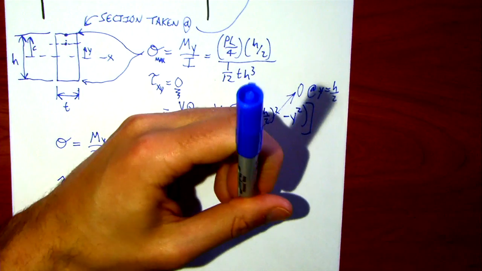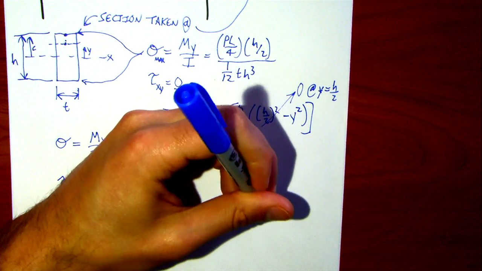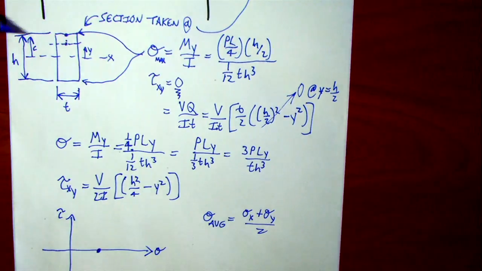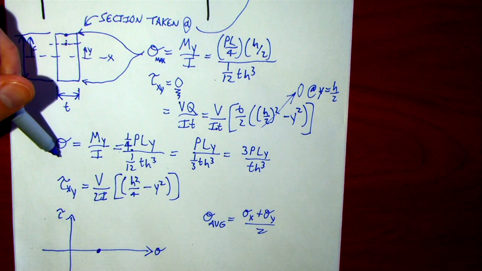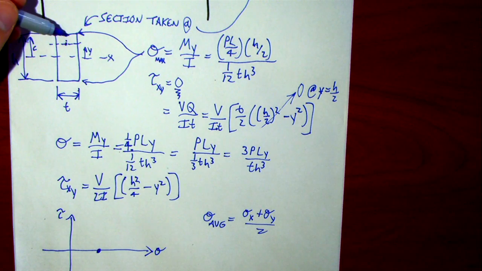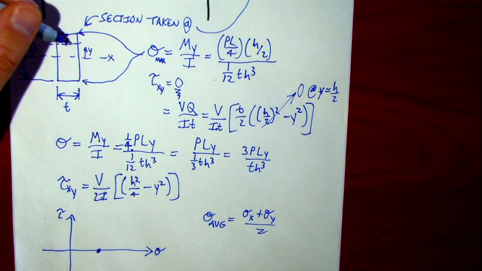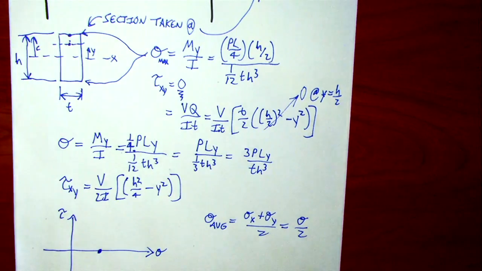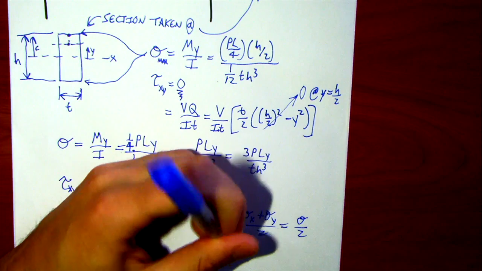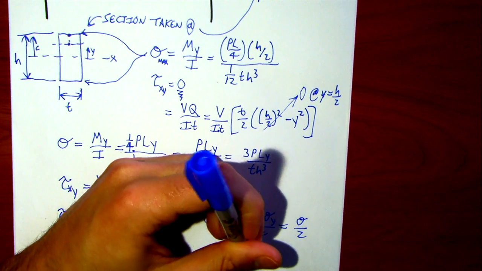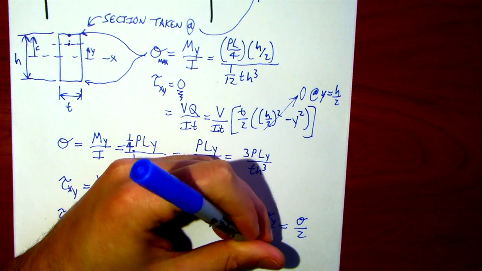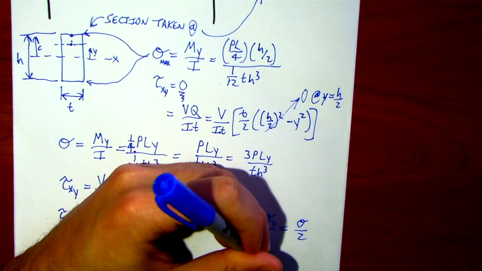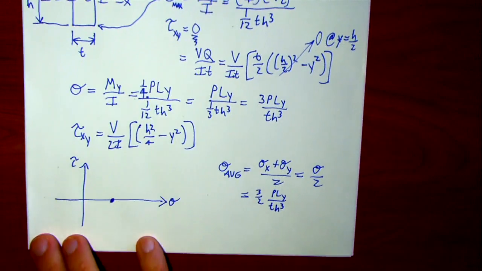And sigma average is what? Sigma x plus sigma y over 2. Well, you only got sigma going in one direction. It's only coming out of the page, if you will. So it just comes down to sigma over 2, or 3 halves PLY over TH cubed. That gives us our center point.